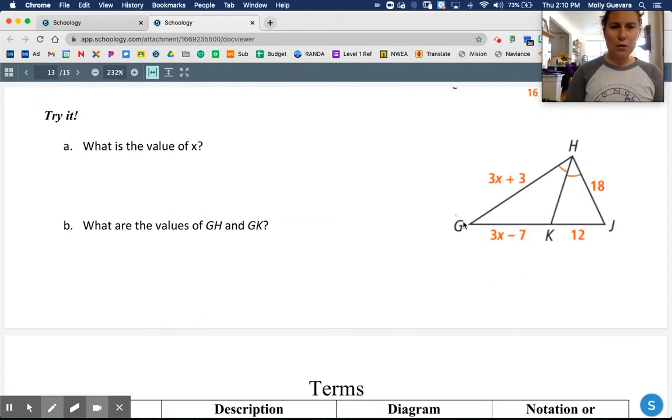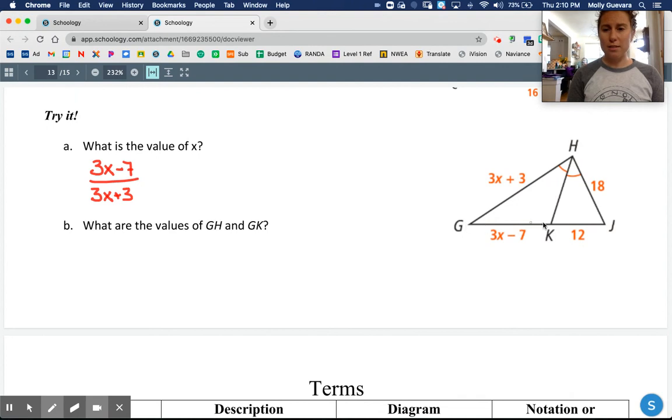Okay, so here we have an angle bisector, right? It cuts angle H in half perfectly, which means that 3x minus 7 over 3x plus 3.